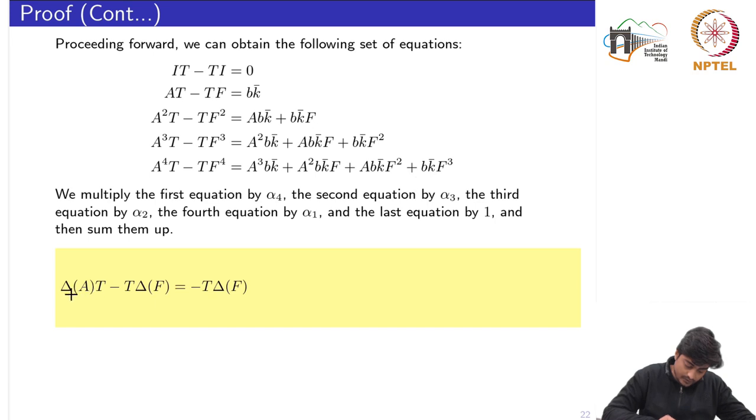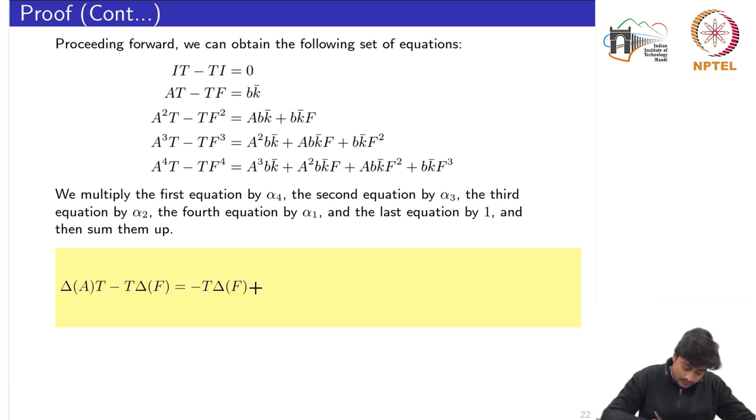Okay, so we would obtain this delta of A into T minus T into delta of F would be equal to minus T into delta of F. Why? Because from the Cayley-Hamilton theorem this part would reduce to 0, because delta of A is nothing but equal to 0.